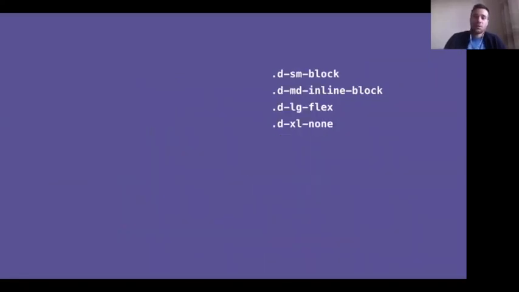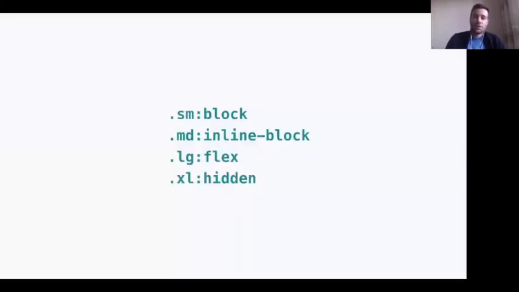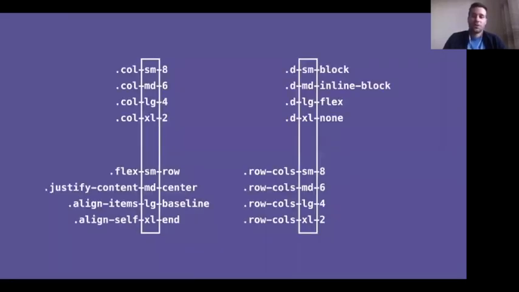Tailwind takes this approach, but it puts the breakpoint identifier at the beginning of the class. So for one, it makes it much easier to scan. When you're reading your HTML, you can really quickly scan which breakpoint a utility class applies to. And also, if you look at this example, we can see that it's not so easy to guess where the breakpoint name is added onto the CSS class name.